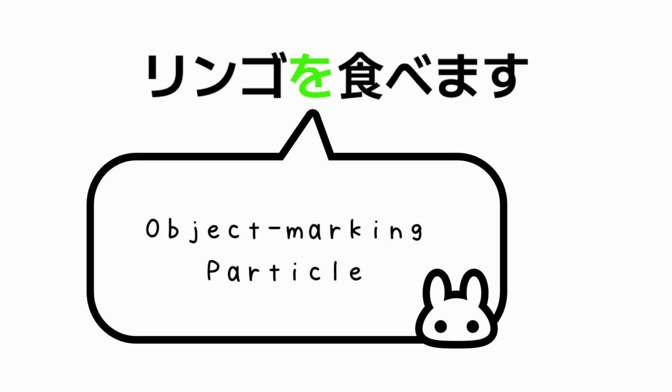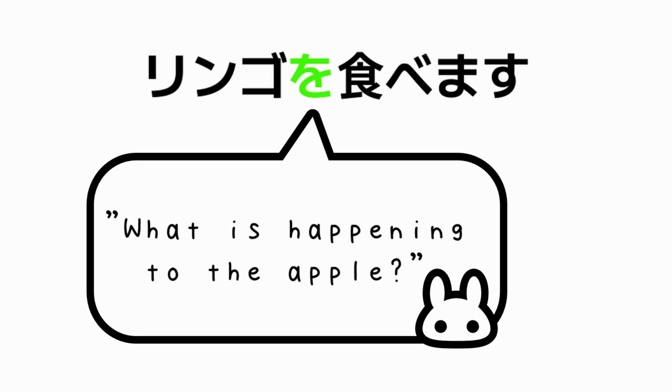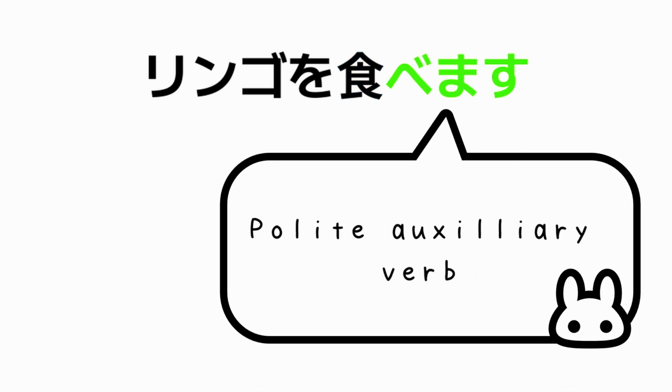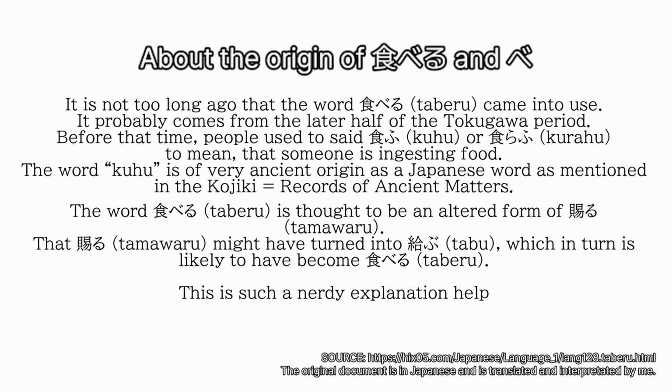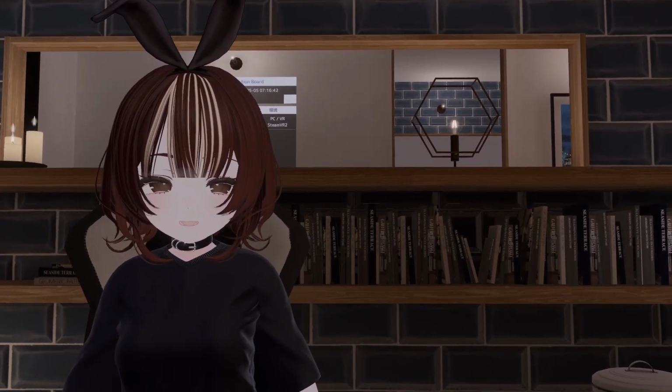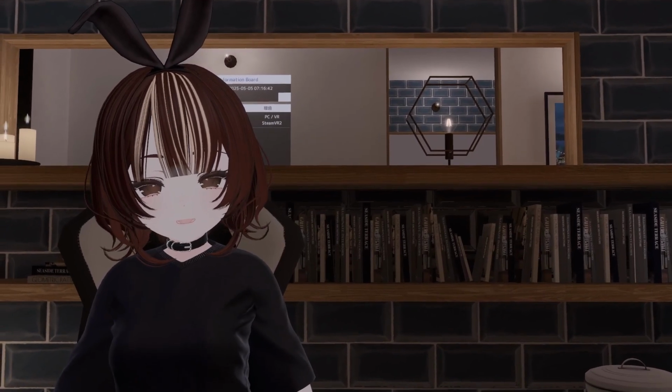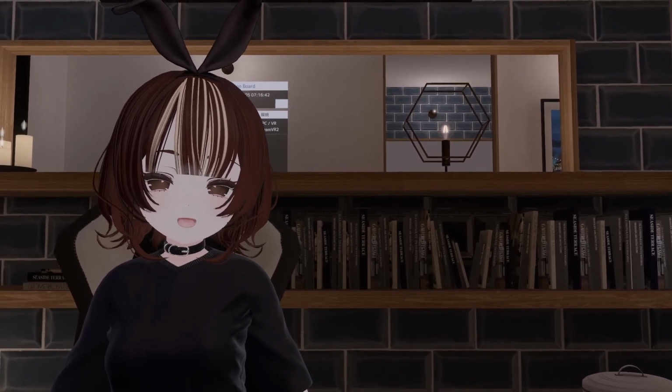So the O tells us what is happening to the apple, the ringo. The top part of tabemasu contains the meaning eat, and the be and the mas are just grammatical parts. The be part is basically just fluff and connects the meaning part and the auxiliary verb mas, which is written in hiragana and turns the verb before it polite. So this is a sentence that politely says, I eat an apple.